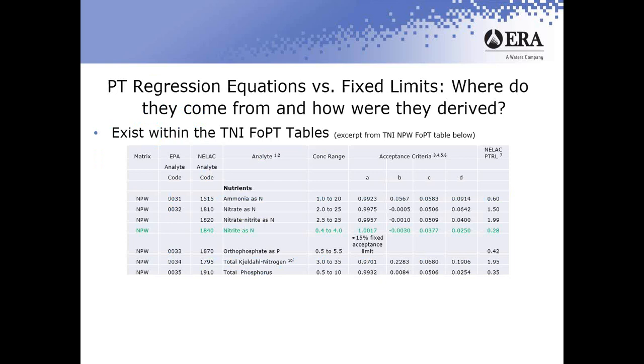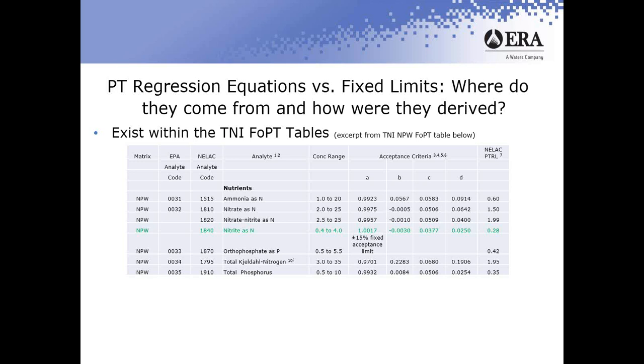Okay, let's talk about PT regression equations versus fixed limits. Where do they come from? How are they derived? What do they mean? All of the regression equations and fixed limits that are commonly used by PT providers exist in the TNI FOPT tables, or Fields of Proficiency Testing tables.